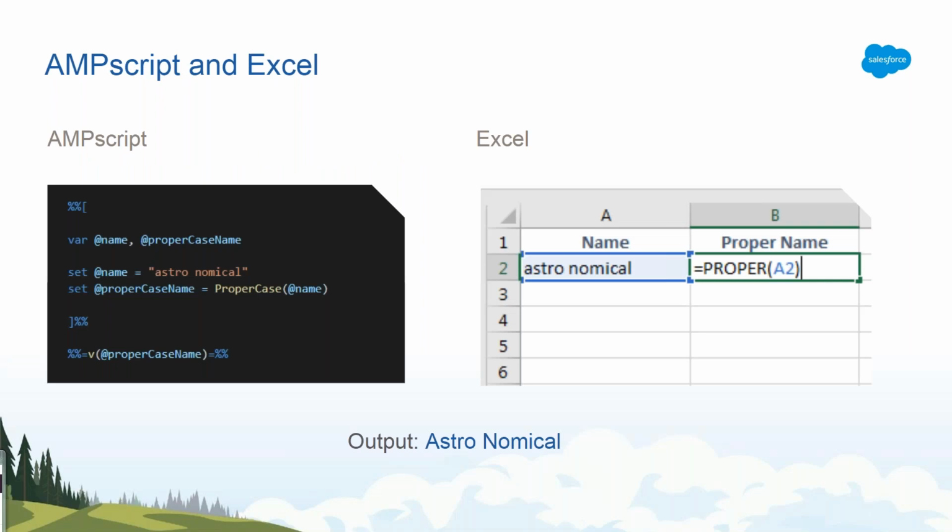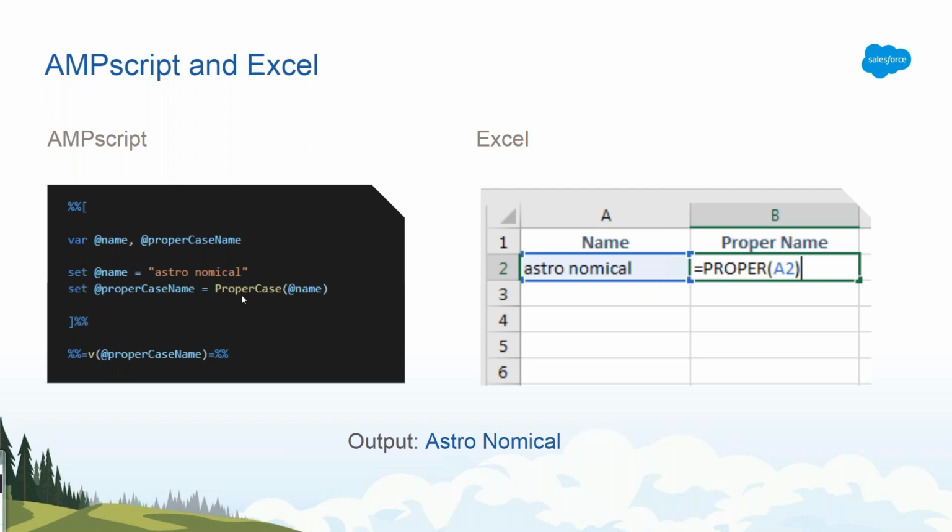So if we look at this example here, on the left-hand side, there is an AMPscript function called ProperCase. On the right-hand side, you have an Excel function called PROPER. Both those functions take some input. In the case of the AMPscript function, it takes the input of the name, which is astronomical, and changes the case into proper case.